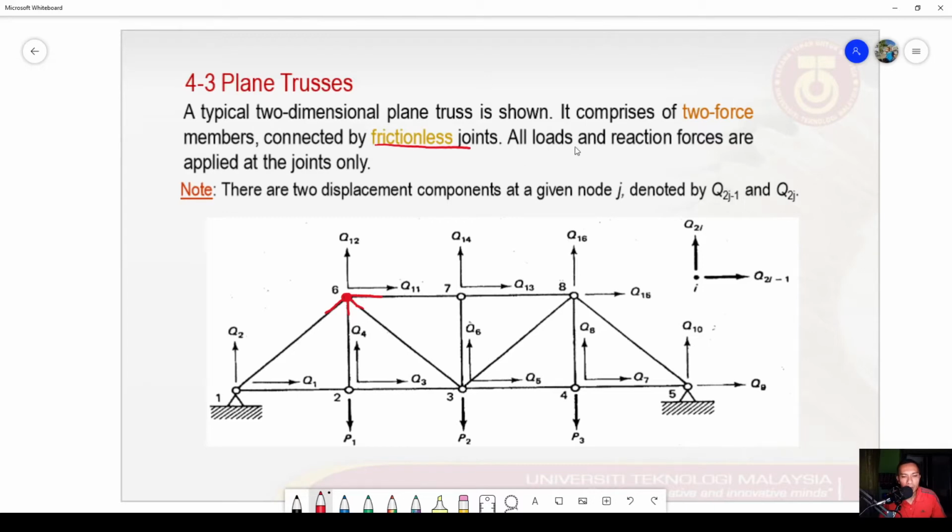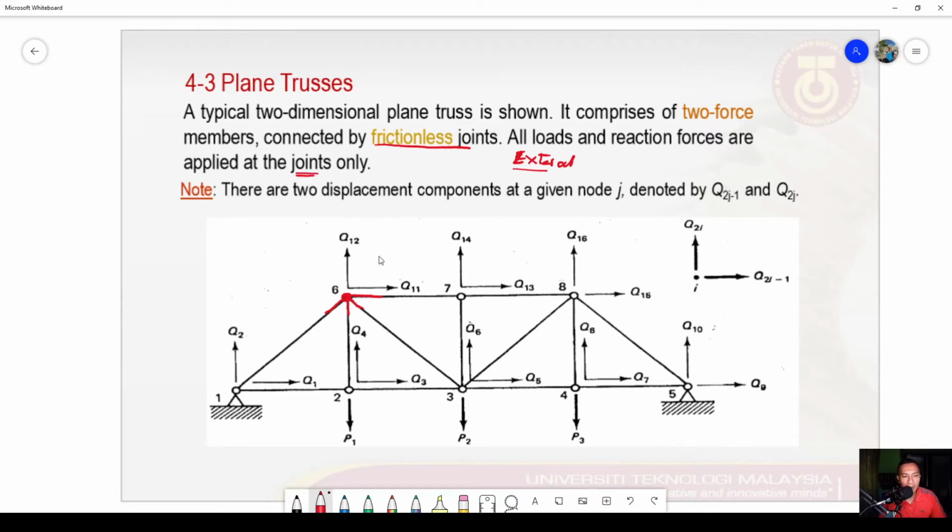All loads, including the external loads and also the calculated reaction forces due to these external loads, are only applied at the joints.